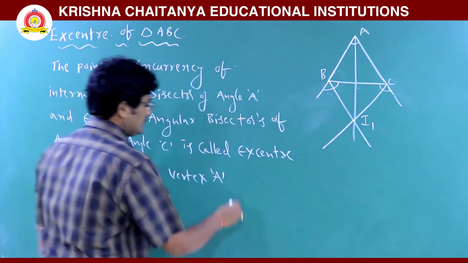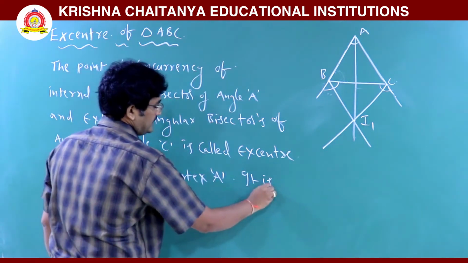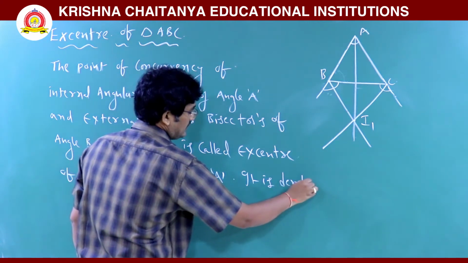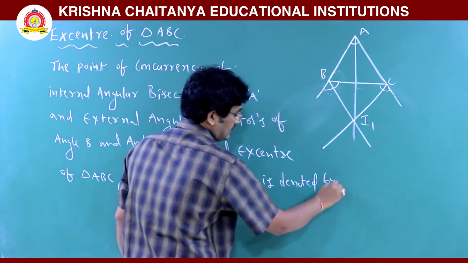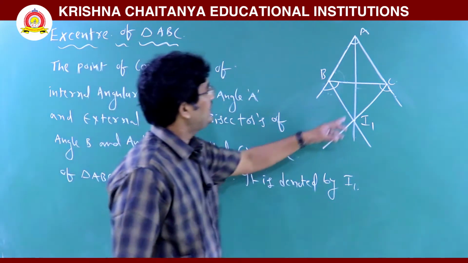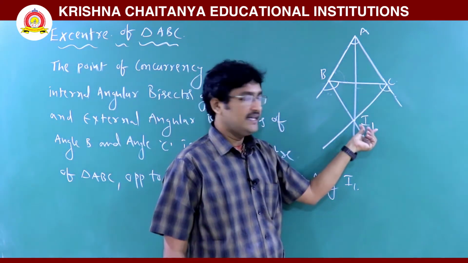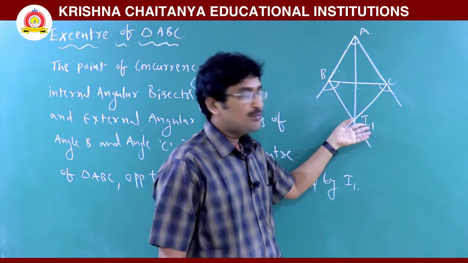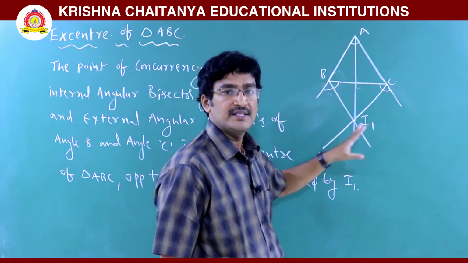It is denoted by I1. You have to remember that. So I1 is the excenter of triangle ABC which is opposite to vertex A. You have to remember this one.